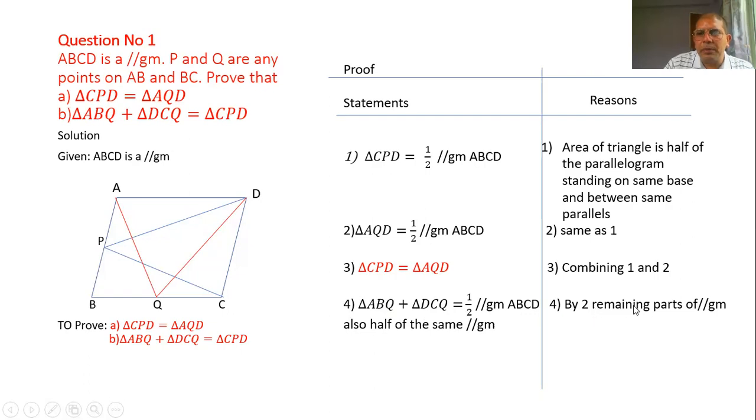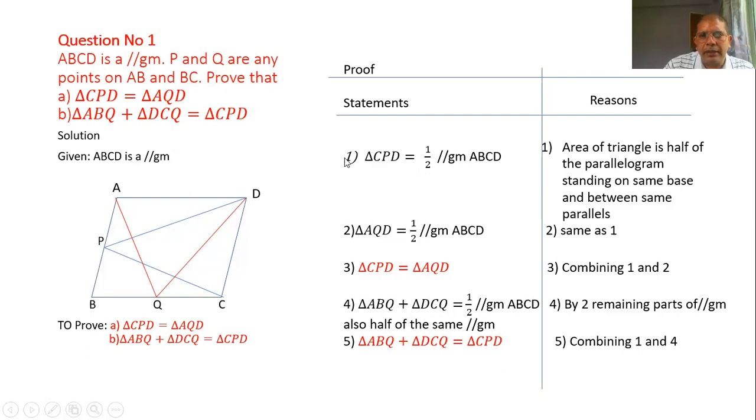The remaining part of the parallelogram is also half of the same parallelogram. Now next, if this is half, then this is half of parallelogram ABCD. This is also half of parallelogram ABCD.